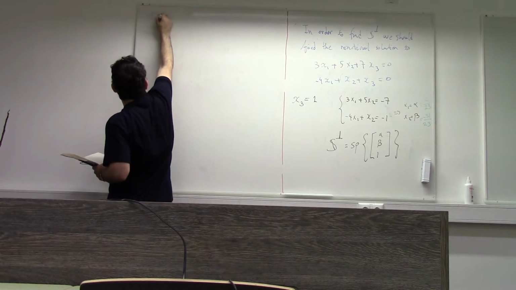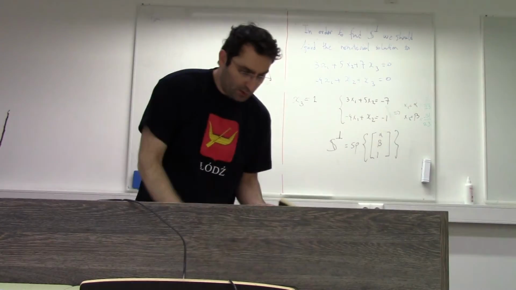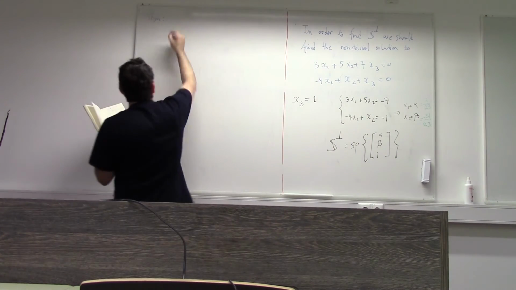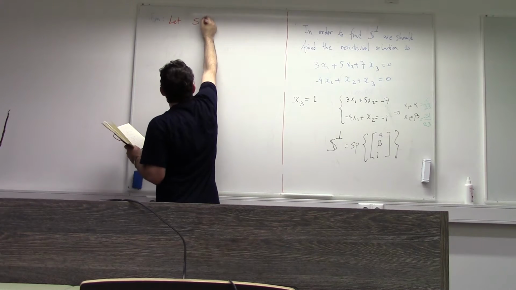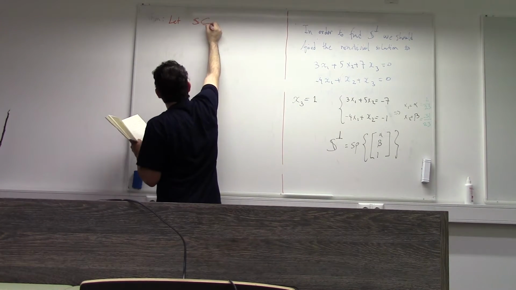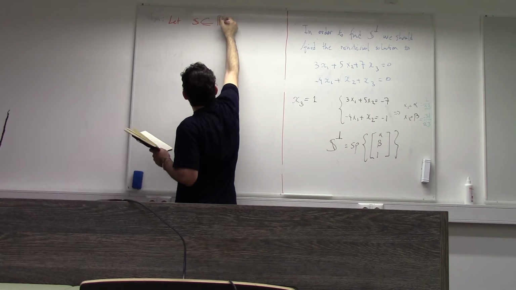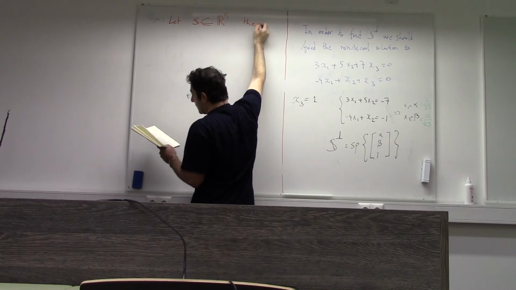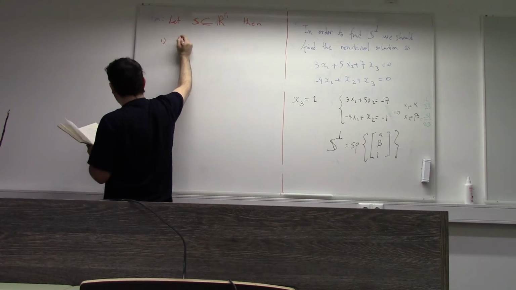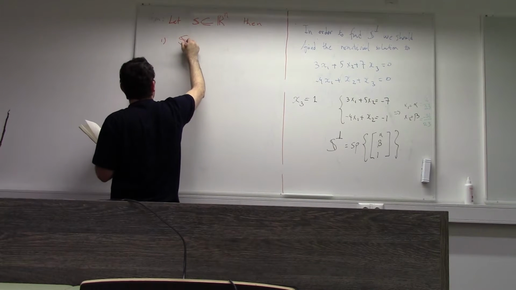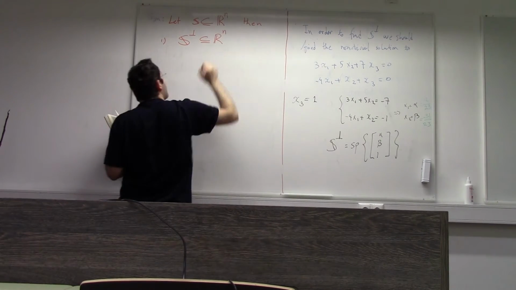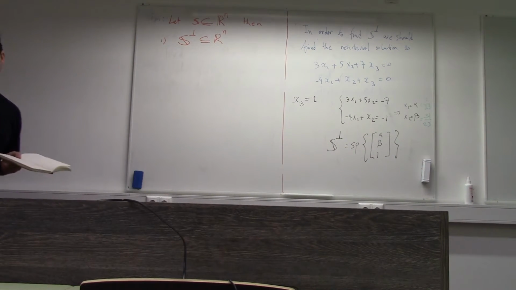Actually, this is a theorem. Let S be a subspace, subvector space of Rn, then we have these ones. 1. S orthogonal is also a subspace, subvector space of Rn.